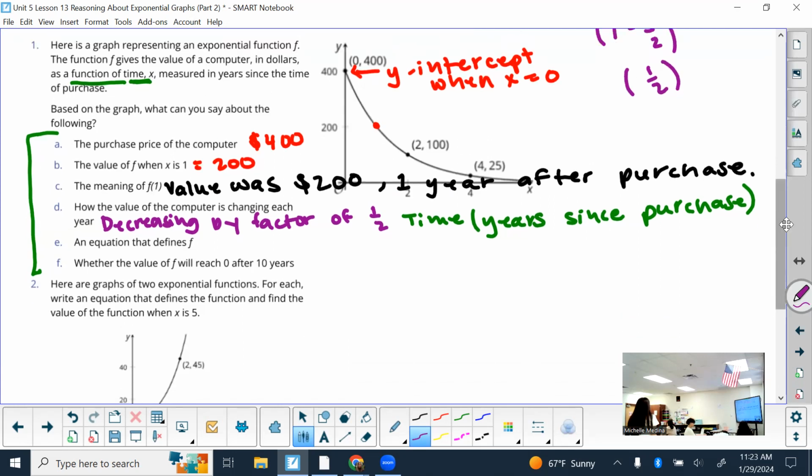Now we need an equation that defines f. So table 2, what would that equation be? Would it be, I think, 100... and x like this? Yeah. Okay.